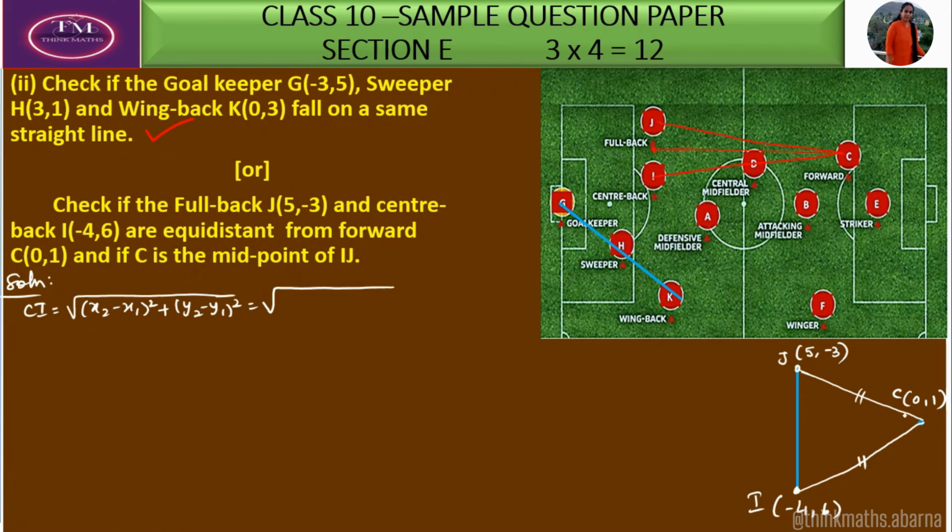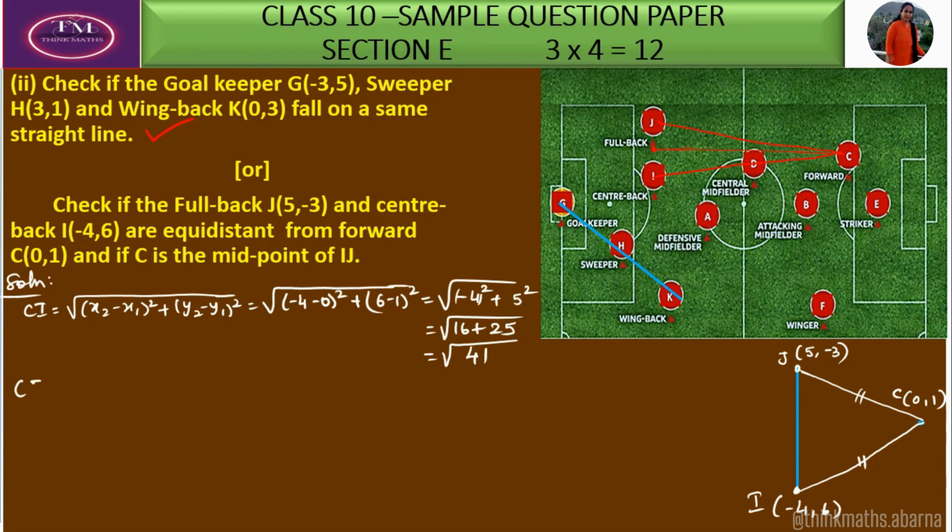So first CI is the square root of (-4 minus 0) whole square plus (6 minus 1) whole square, which is (-4) whole square plus 5 square. Minus 4 whole square, minus square is positive, 4 square is 16, 5 square is 25. So 16 plus 25 is square root of 41.